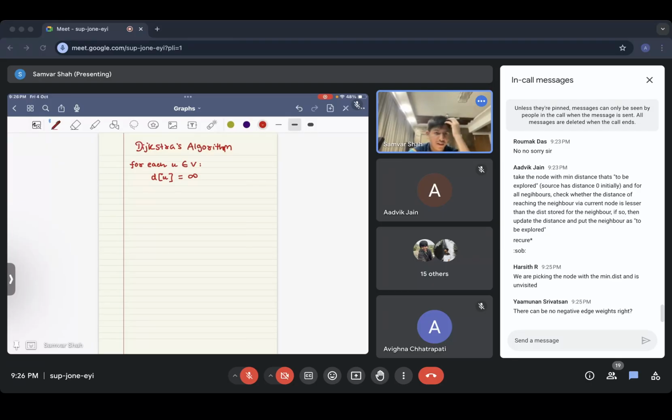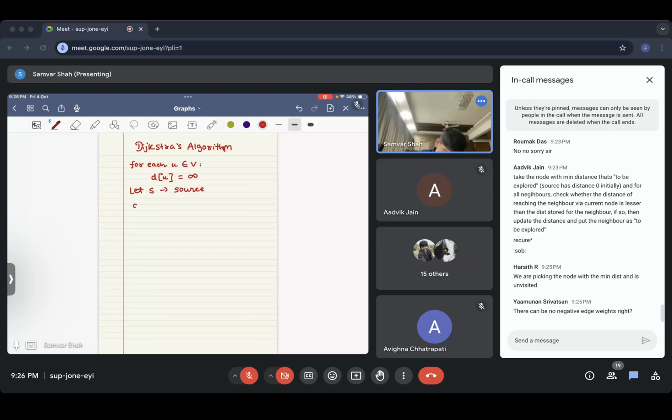So yeah, I had an interesting implementation which I wrote down. Let me just pull that up. Here, yeah. Let S be the source.